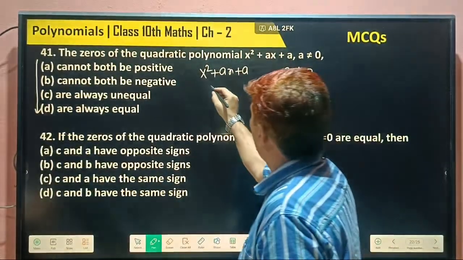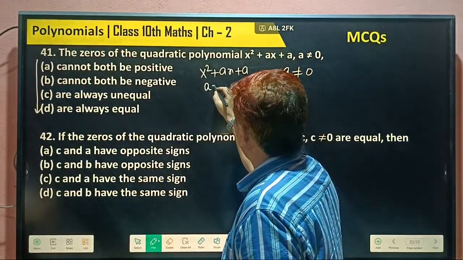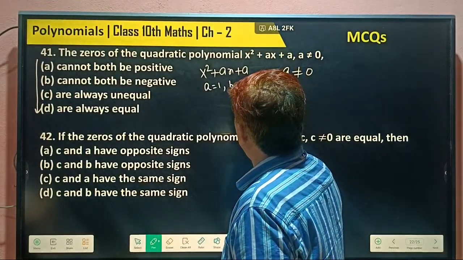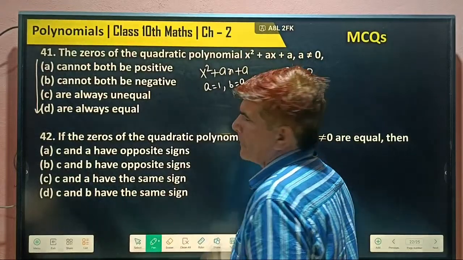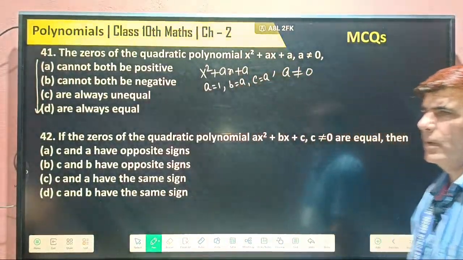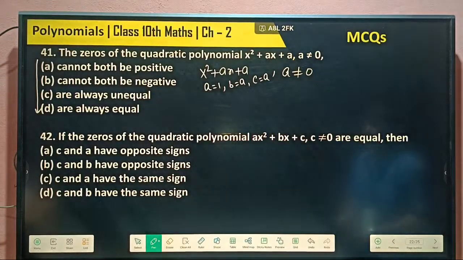So here a equals 1, b equals a, and c equals a. So the zeros of this quadratic polynomial follow from this.